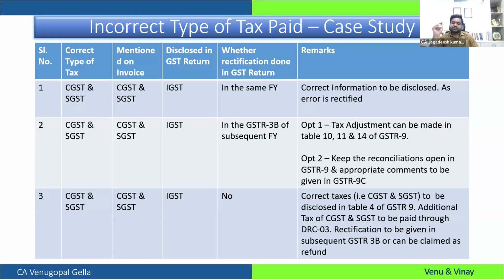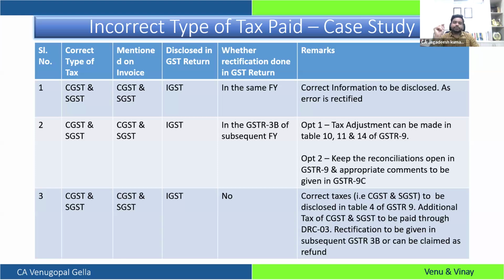You have identified the reason for the difference. In the IGST balance, it will show an excess paid, whereas in CGST and SGST, you will notice a short payment of tax. In that case, what you have to do is claim a refund of IGST and discharge CGST and SGST now.